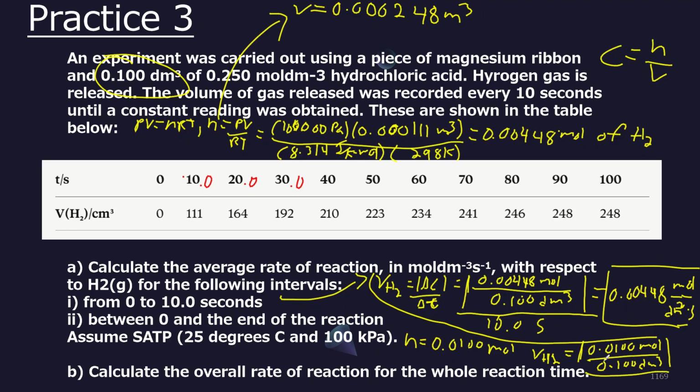So the time for the whole reaction was 90 seconds. That's when there stopped being any change. So over 90 seconds, that comes out to 0.00111 mole per decimeter cube per second.